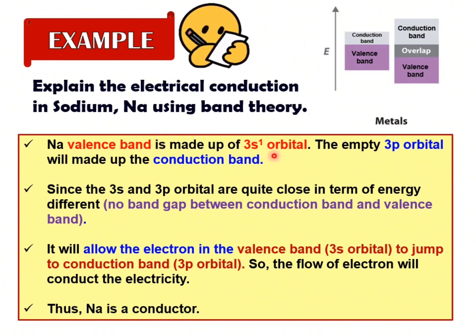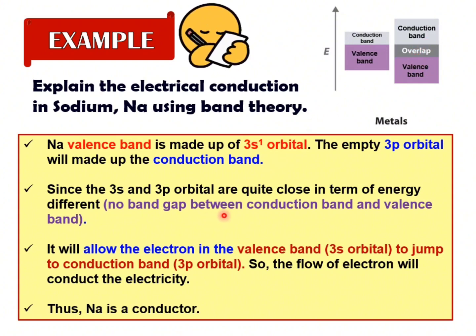While after 3s orbital we know that kita akan jumpa 3p orbital. So this 3p orbital tidak ada elektron di dalam dia. So itu yang dipanggil sebagai conduction band. Alright? So since 3s and 3p orbital are quite close in terms of energy difference, and we know that based on this band structure, for metal, the valence band, no gap, okay, actually overlap with the conduction band.